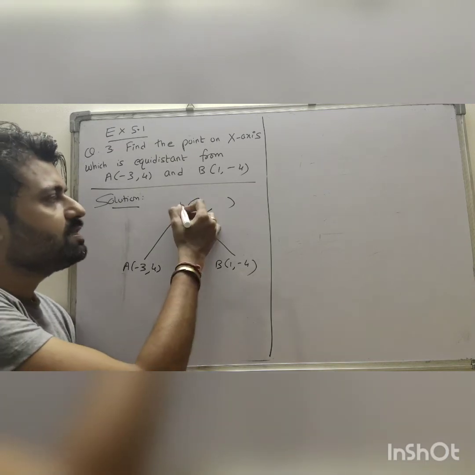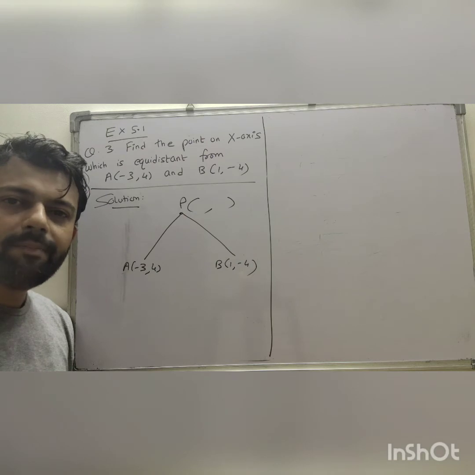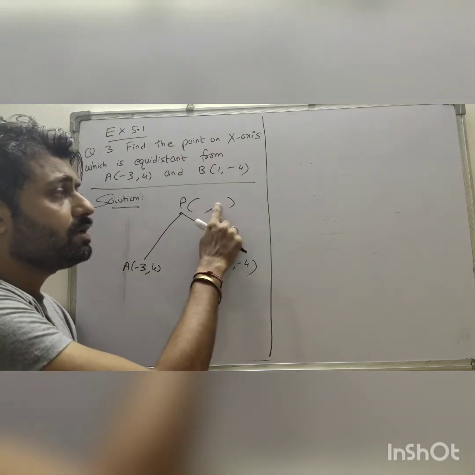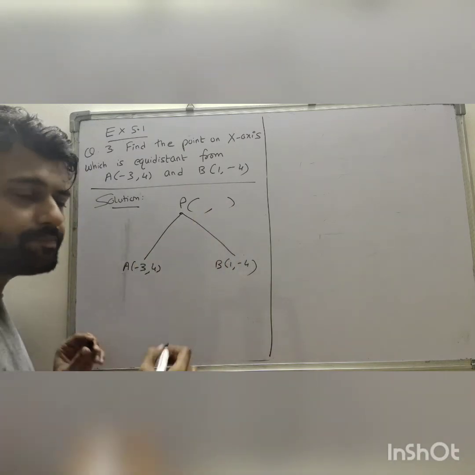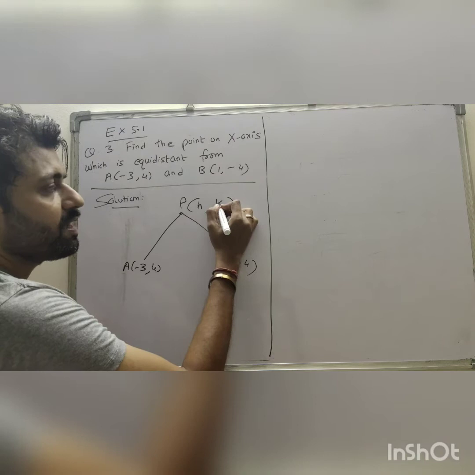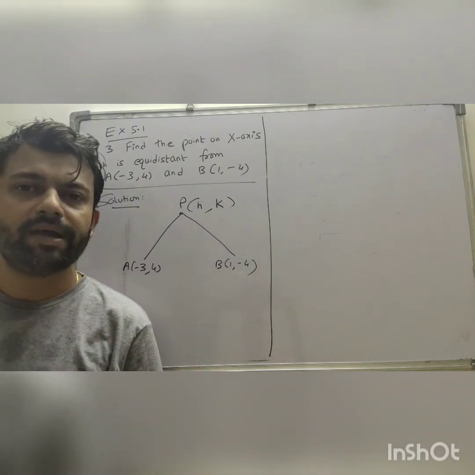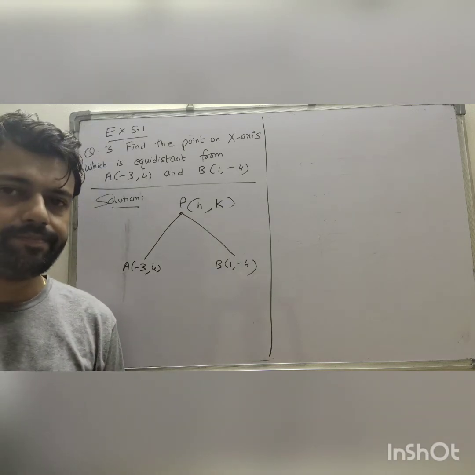ये point का कुछ नाम दे देता हूँ. The point is denoted by a capital letter, तो नाम दे दिया. ये coordinates को normally assume किया जाता है h, k. Normally the coordinates are assumed as h, k, not as x and y. They are assumed mostly as h, k.